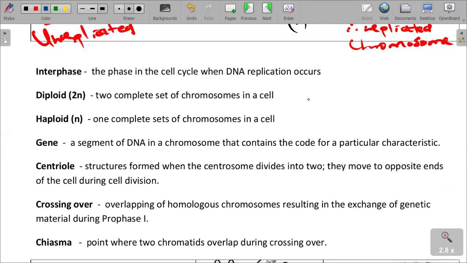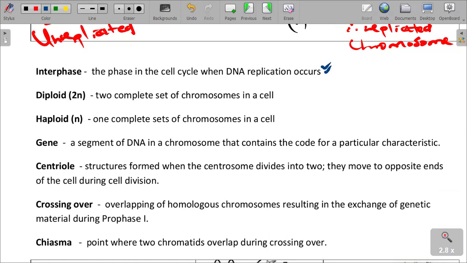And then we also have the terms like interphase, the phase in the cell cycle where DNA replication occurs. DNA replication occurs during interphase in meiosis 1. So now it is a cell stage. It is a stage in the cell cycle which allows the replication of DNA.